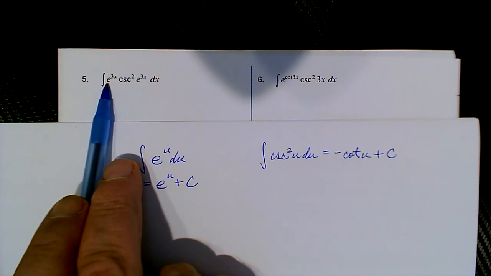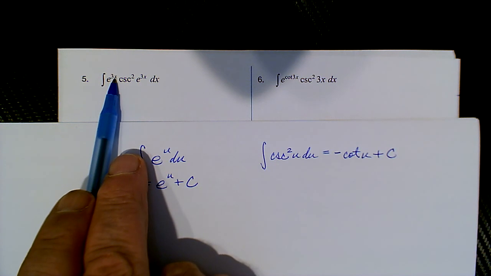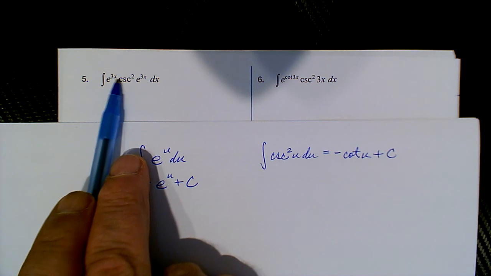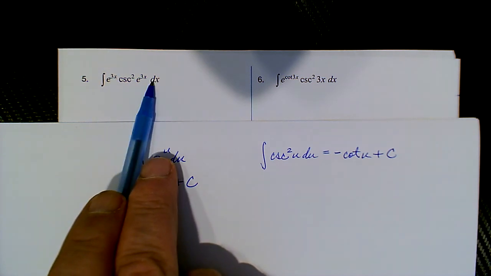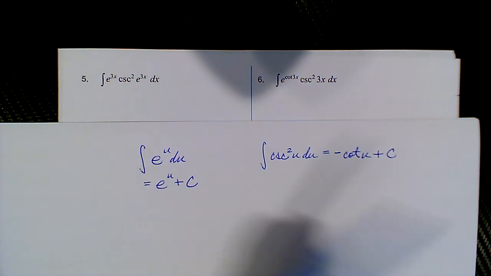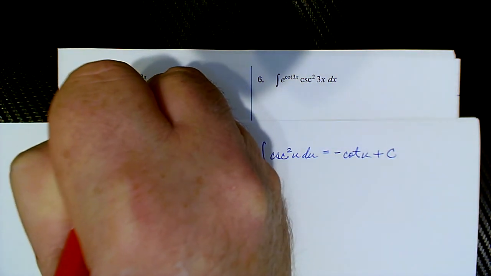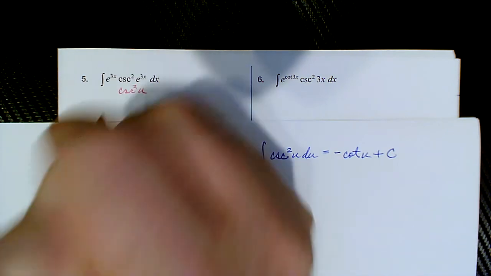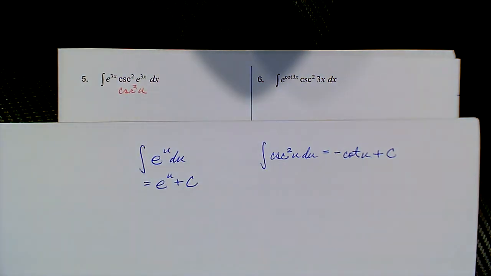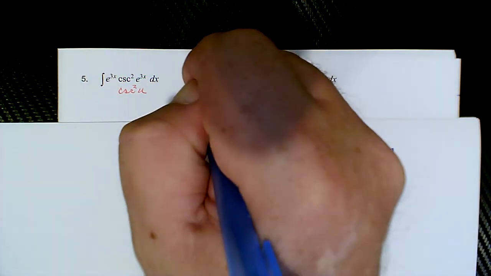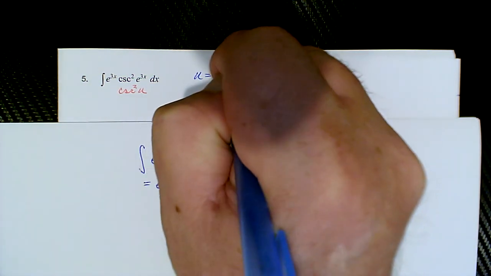So our choice of u would have to be 3x, and we know the du needs to be satisfied, and so good luck generating all of this to be the du. So it should be pretty apparent that e to the u is not the correct formula, and we would choose to try to fit the form for cosecant squared of u by choosing our u to be e to the 3x.